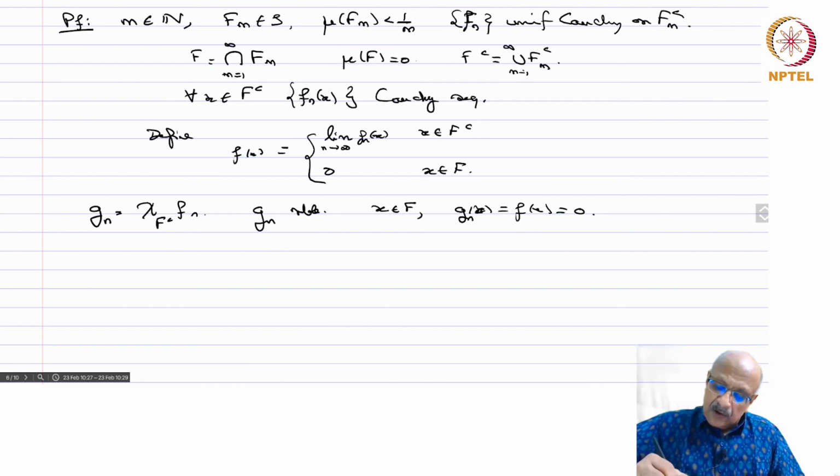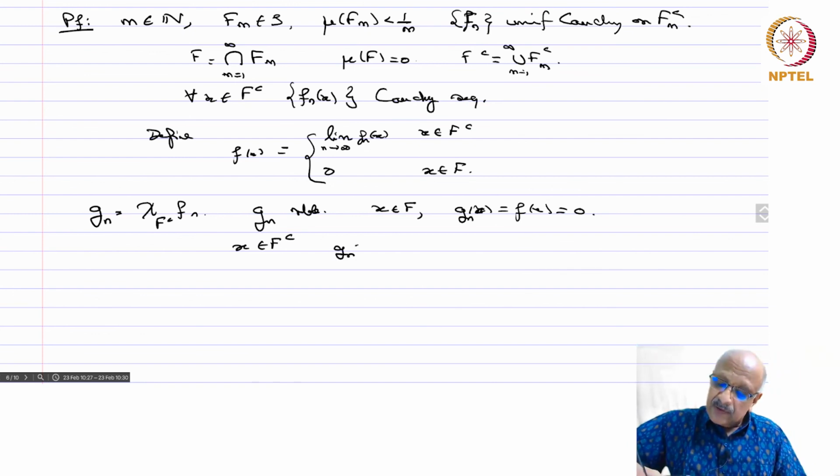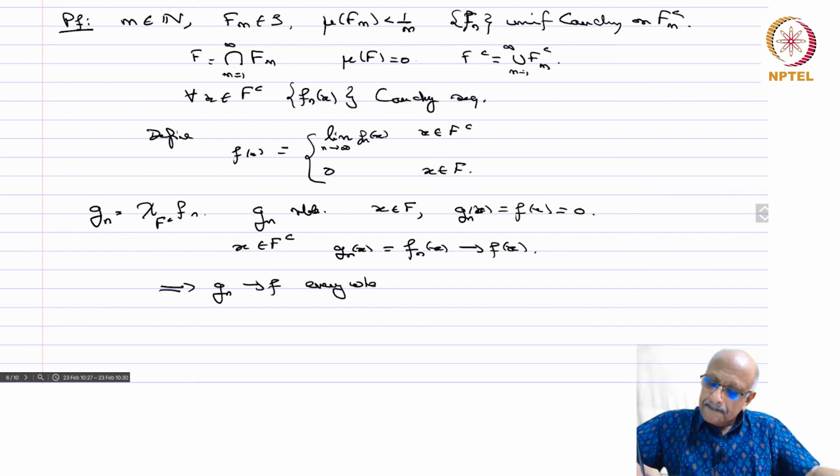And if x belongs to F complement, Gn(x) equals fn(x), which converges to f(x). So this implies that Gn converges to f everywhere, and that implies that f is measurable.